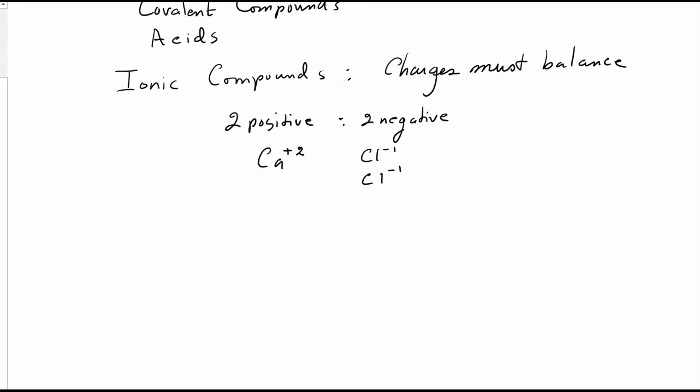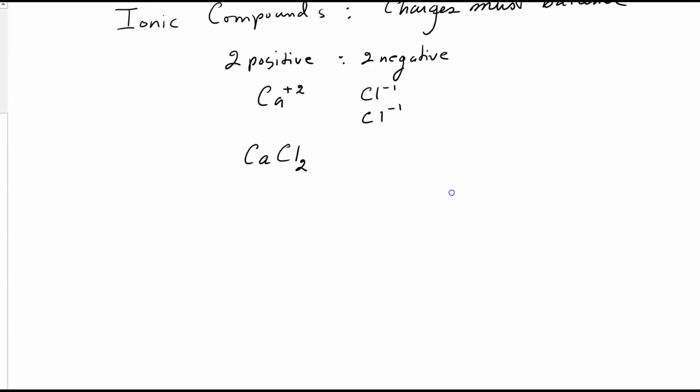So therefore, the structure in written form would be Ca, which occurs once, and we'd need a subscript 2 for the formula CaCl2. And the way we would name this would be very straightforward.